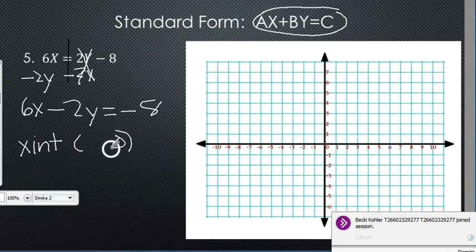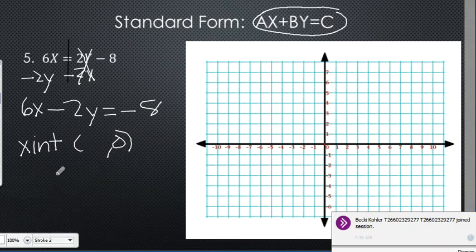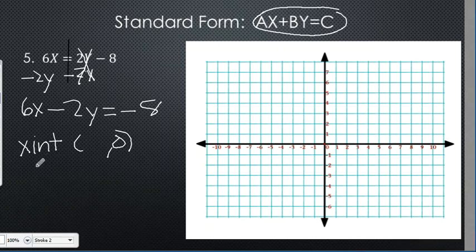Now, from there, to find the x-intercept, we're going to let the y-coordinate be 0, and then we're going to solve for the x. So let's take our equation, 6 times x minus 2y equals negative 8, and let's let our y be 0. So 6 times x minus 2 times 0 equals negative 8.